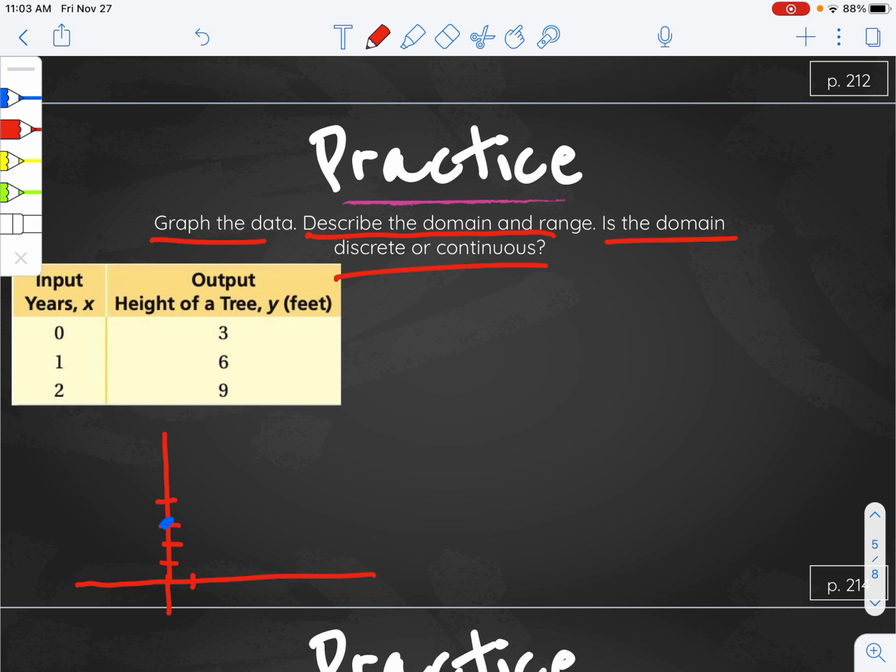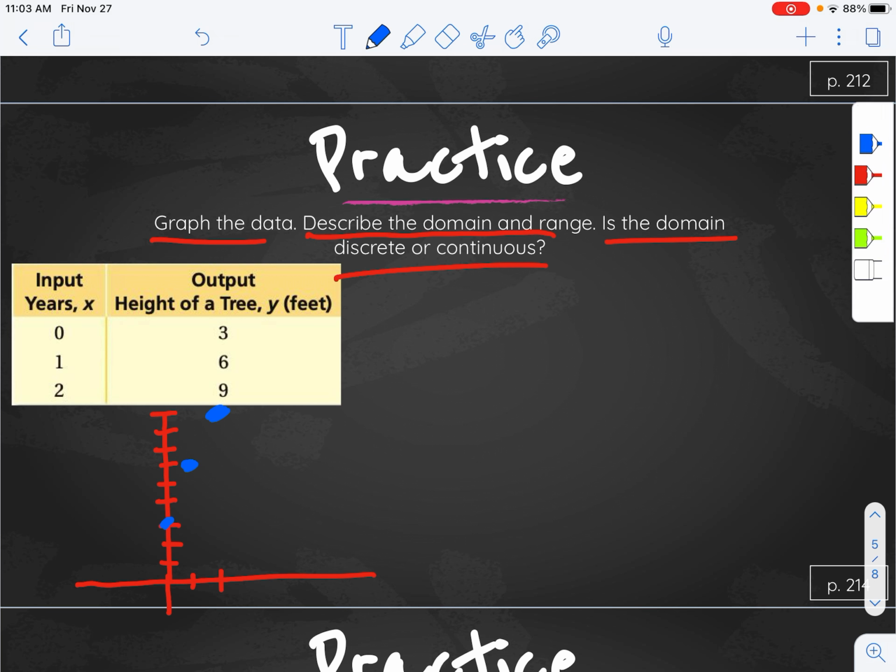We had 1, 4, 5, 6. And then we had 2, 7, 8, 9. All right, and we're not going to connect these dots. We're not going to mess with them yet. We're just going to take a look at what our domain is first, or what our x values represent.